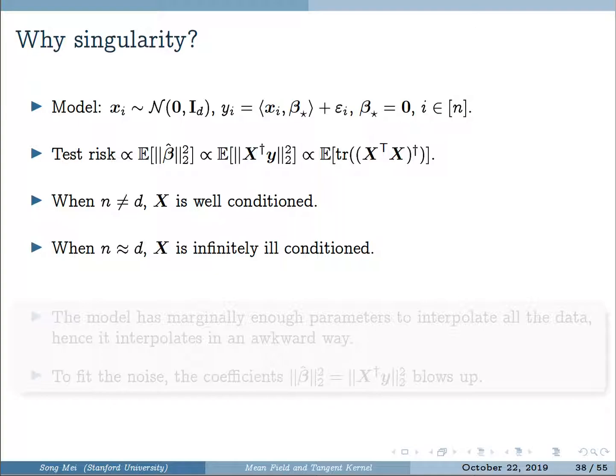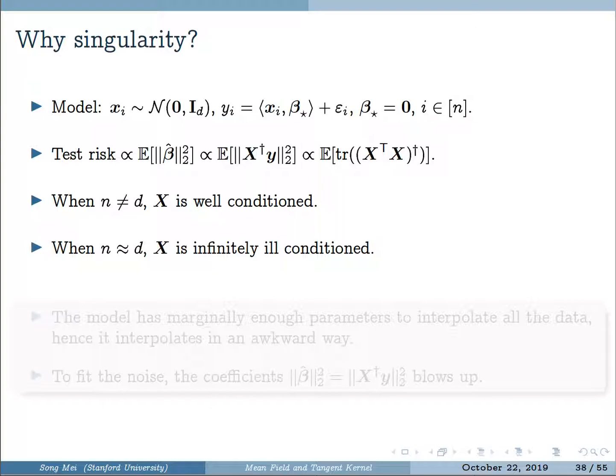But when the sample size is approximately equal to the dimension, X becomes a square matrix, and the least singular value of X will almost touch 0. That means X will be infinitely ill conditioned. Then if you compute its (X transpose X) pseudo inverse and its trace, it will blow up to infinity.